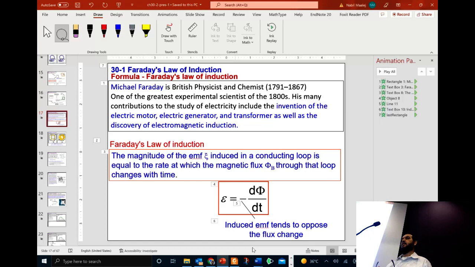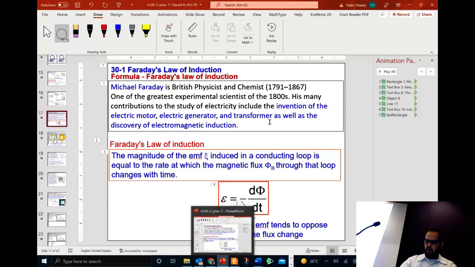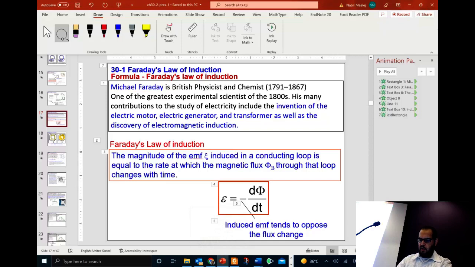And we said this induced EMF and induced current oppose the change in the magnetic field. We expressed this mathematically, and we said the induced EMF is given by minus the derivative of the magnetic flux with respect to time. And we said this minus sign is what we refer to as Lenz's law.